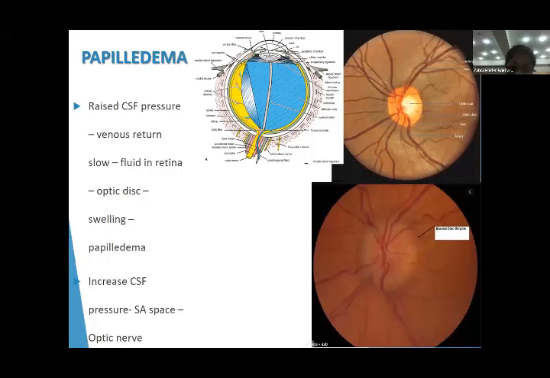If the CSF pressure rises for any reason, say head injury हो गई, कोई problem हो गया, if the CSF pressure rises, तो ये जो venous return होता है on the eye, ये slow down कर जाता है.